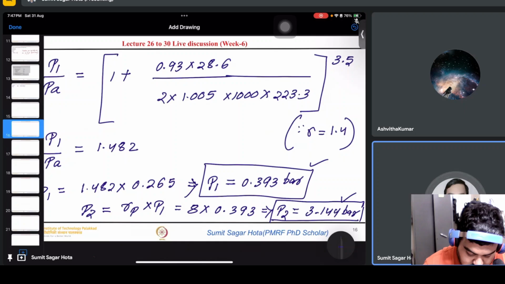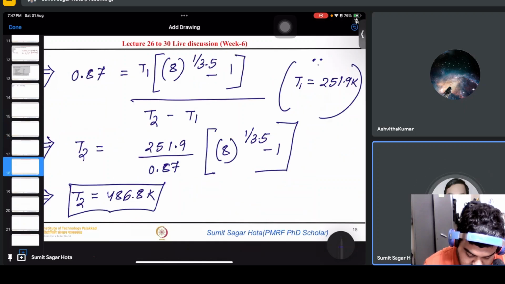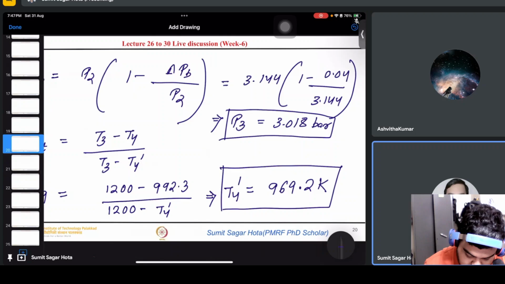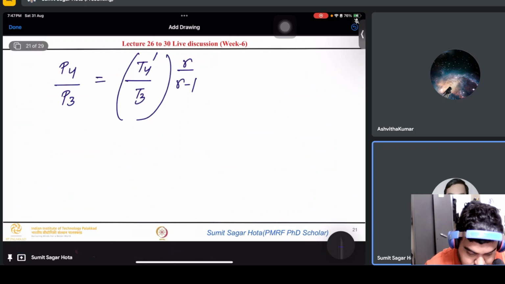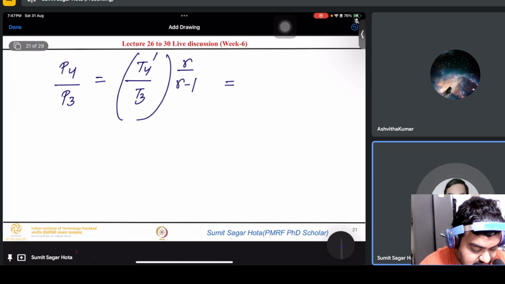So whatever the values are, we just have to substitute them and get the answer for P4.